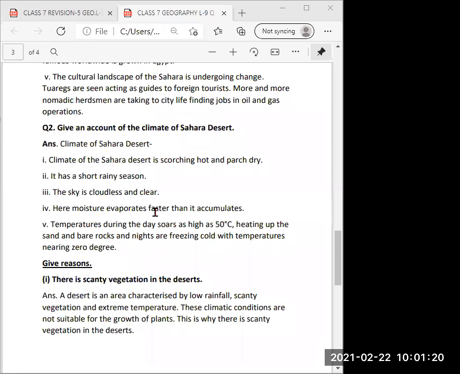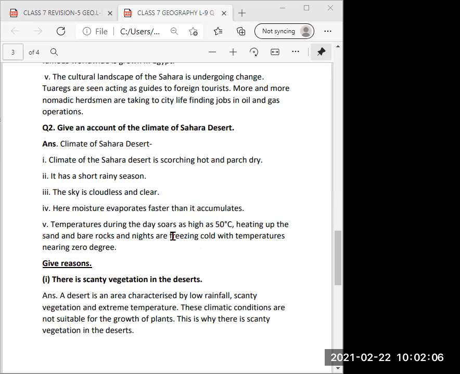Third, you have to write down that skies are cloudless and clear. Then fourth, moisture evaporates faster than it accumulates. Whatever moisture is formed evaporates, because of the hot climate. When the heat is high, the water evaporates from the sun's heat, so it does not accumulate or get conserved in the soil. Clear? That is why it stays dry. Here moisture evaporates faster than it accumulates.